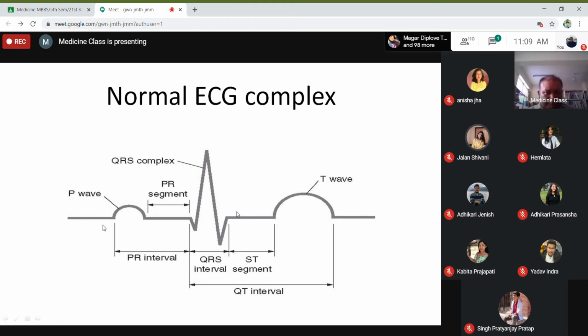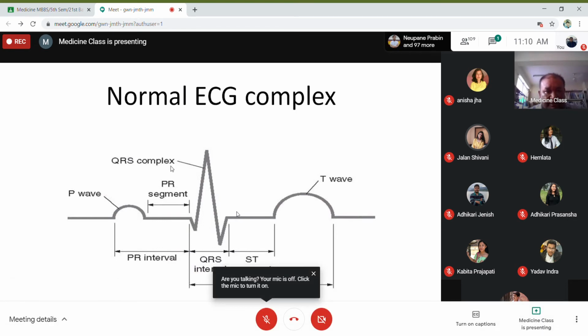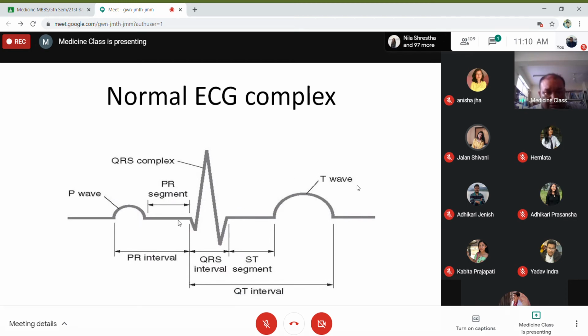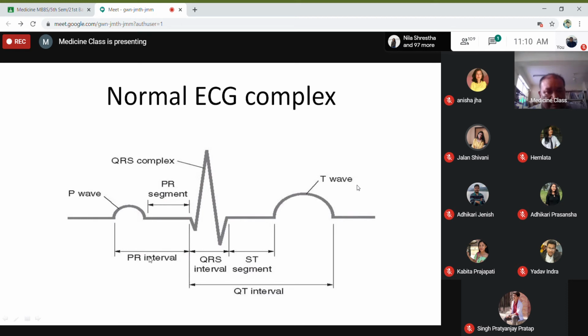But there are a few things like segments and intervals. There are a few things like PR interval and QRS interval, but here it is ST segment and PR segment. So there's some difference in this one. If you include a wave in the calculation, then it's an interval.